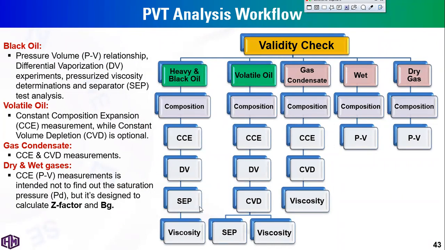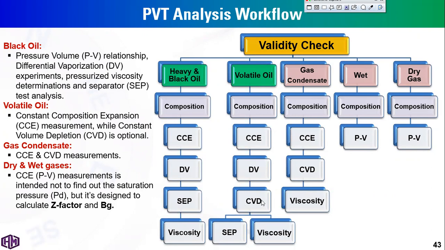The composition is a major and important part of the PVT study, followed by the flash or constant composition expansion test, or PV, the pressure volume relationship, which is also one of the major tests for all types of fluids. But for liquids, let's say black oil or volatile oil, differential liberation or separator testing and oil viscosity are the basic PVT workflow.